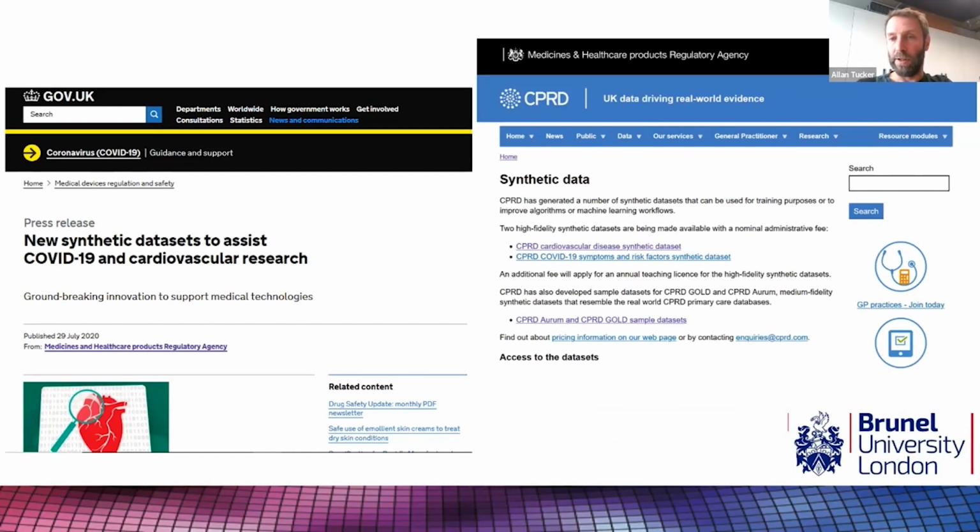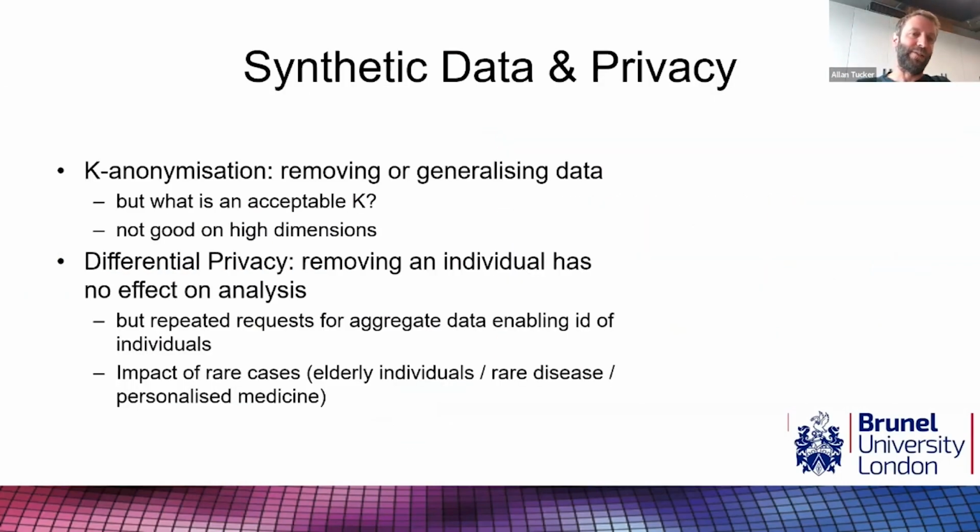These are both considered high fidelity. We also have a medium fidelity data set, which is more about trying to understand the structure of some of these health data sets. That said, what we'd ideally like to do is make these data sets far more available.